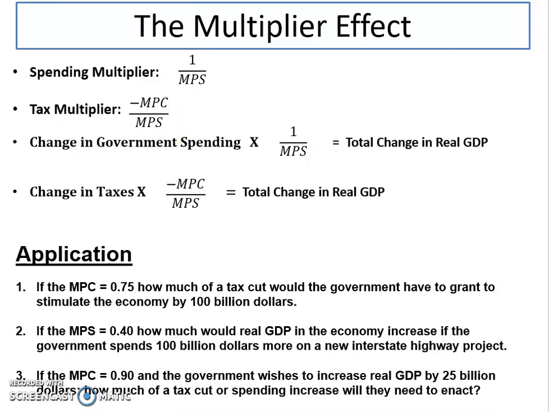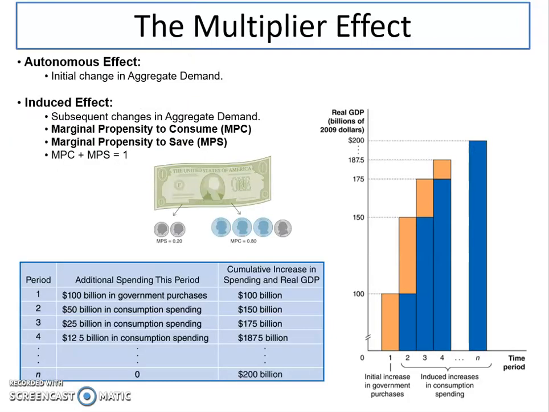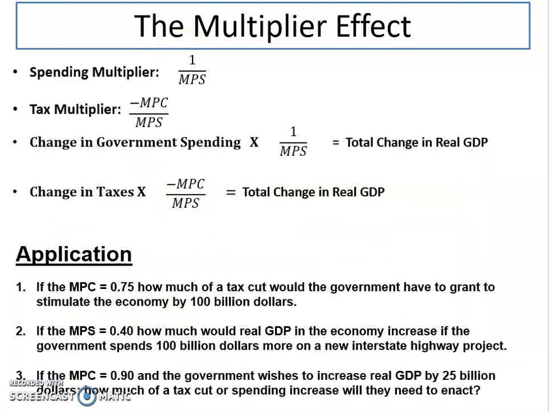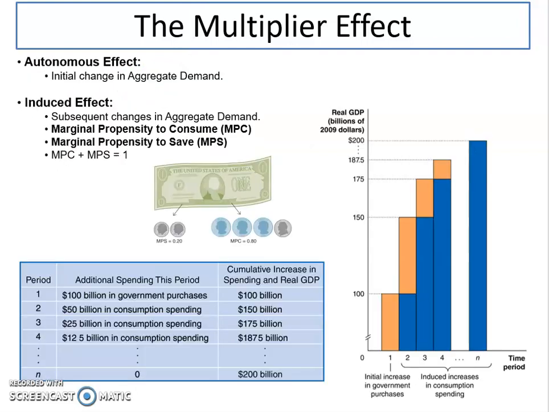It means that if the government were to, let's say, lower taxes by 100 billion to stimulate the economy rather than increase government purchases, then there would be a negative 100 billion in taxes in autonomous effect. We would multiply that by negative 1, our tax multiplier, and we would get negative 100 times negative 1 is positive 100. In other words, the total effect would be 100 billion from a tax decrease.